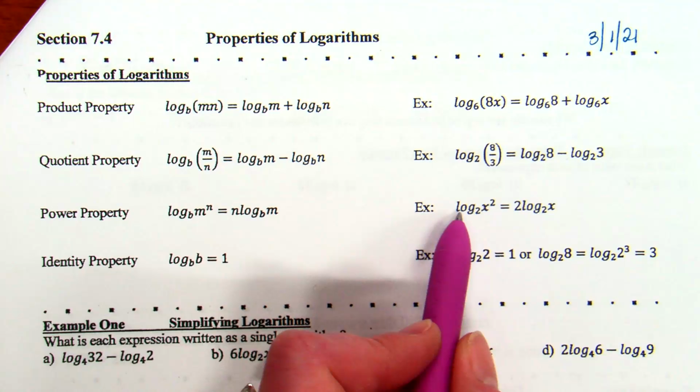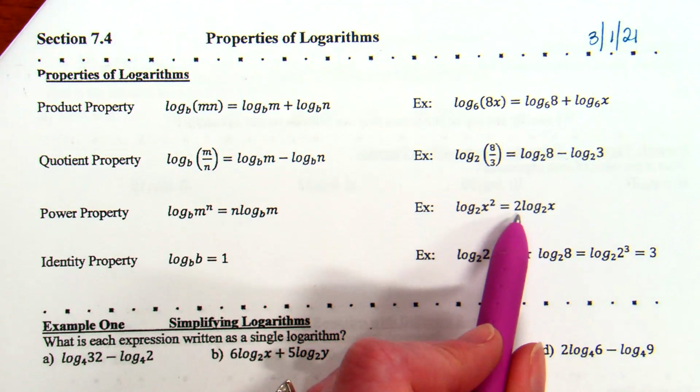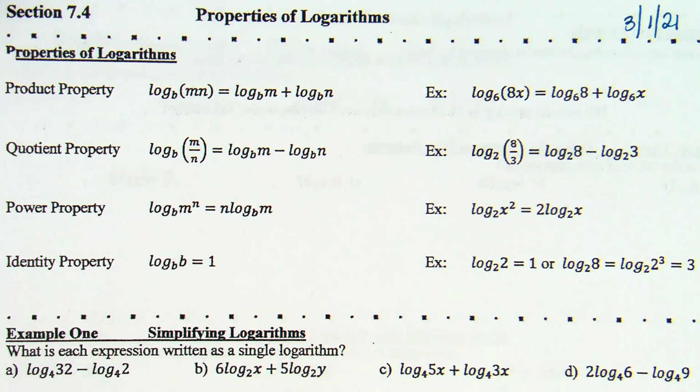So for example, log base 2 of x squared, well, you can take this power of 2 out front, and it could be rewritten instead as 2 log base 2 of x. And that's called the power property. It can go back and forth between being a number out front, so a coefficient, or an exponent.